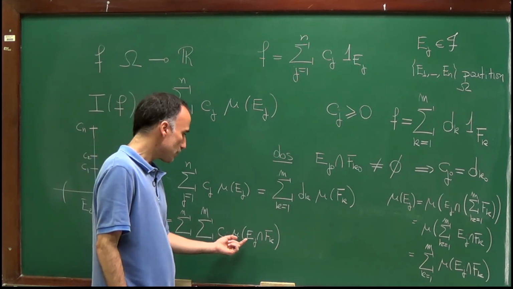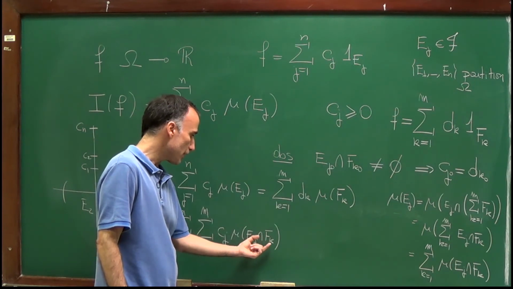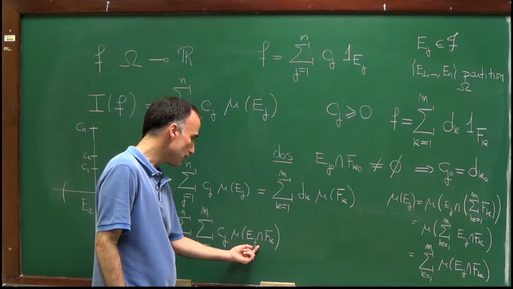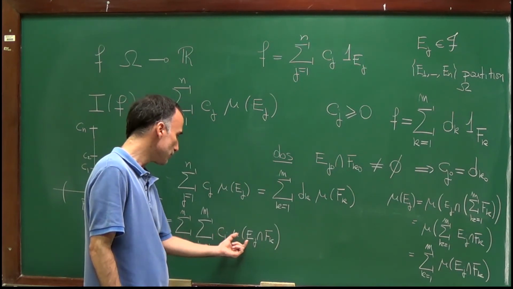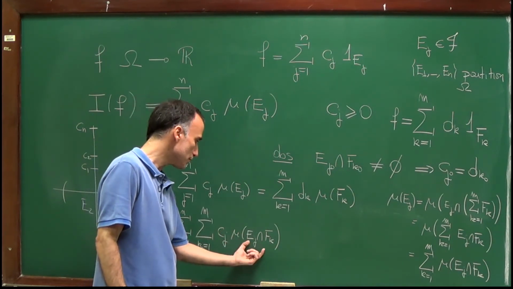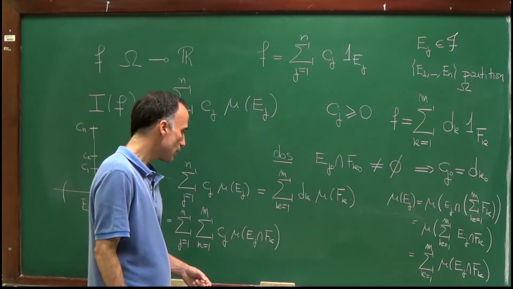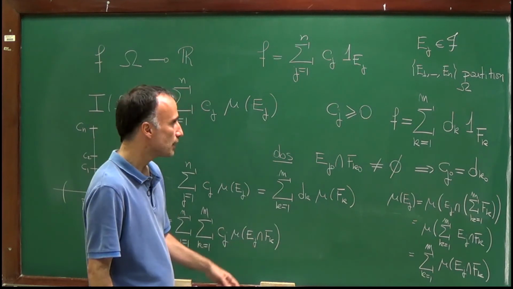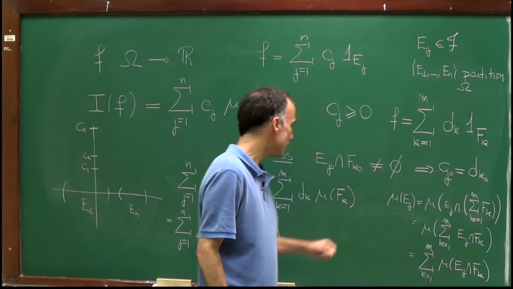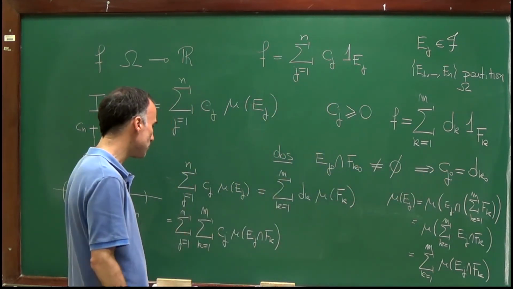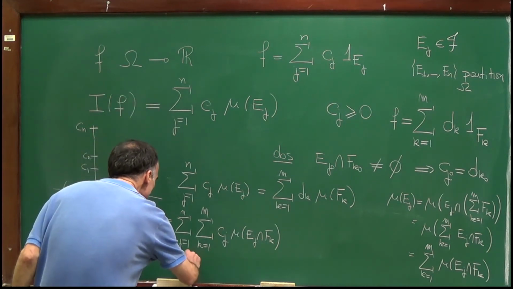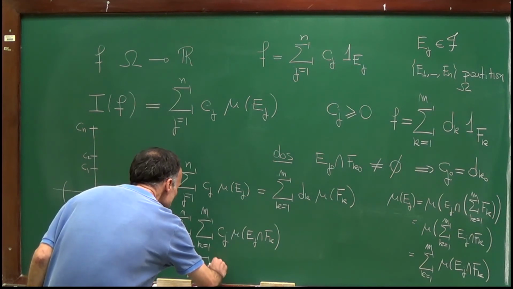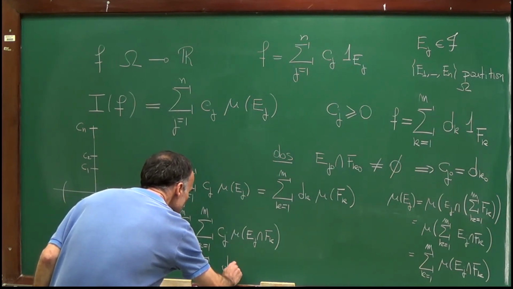Well, because if Ej intersection Fk is empty, this measure is 0, and therefore I have 0 times Cj, which is equal to 0 times dk. On the other hand, if Ej intersection Fk is not empty, then Cj is equal to dk, and therefore I can replace also Cj by dk. So this means that in all cases, I can replace Cj by dk.